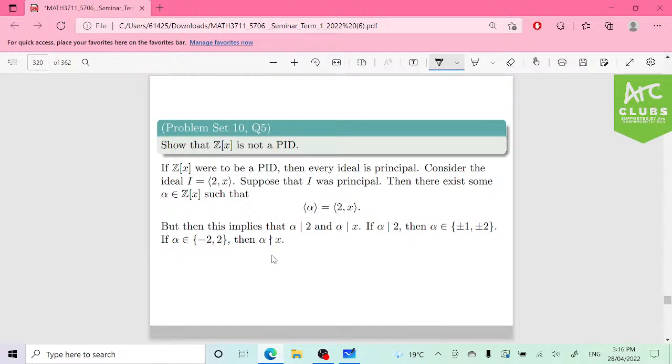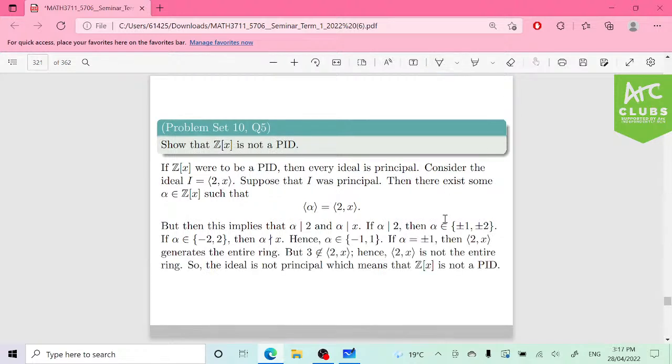And it's not possible because we're looking at the integral domain of all polynomials with integer coefficients. So alpha can't be 2 or minus 2, so alpha must be either minus 1 or 1.